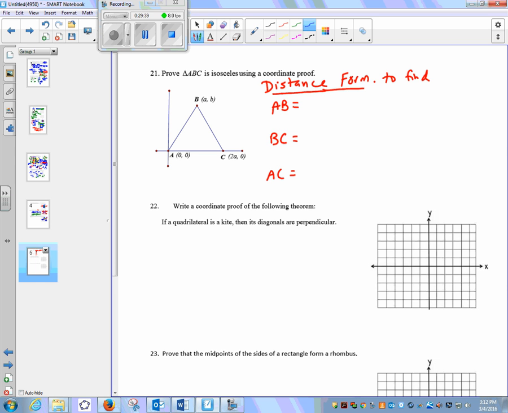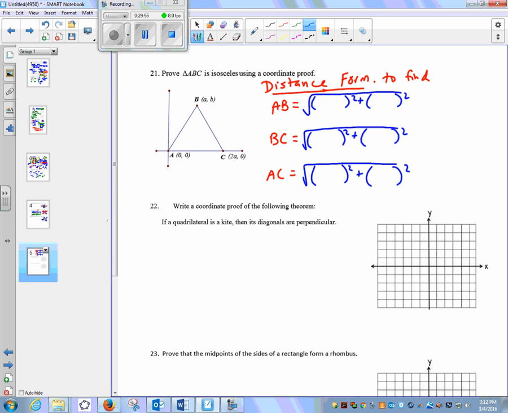Hopefully 2 of these will come out to be the same length. That's what will prove that it's isosceles: 2 sides the same.